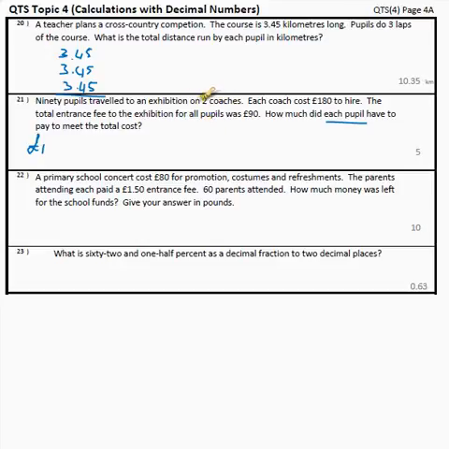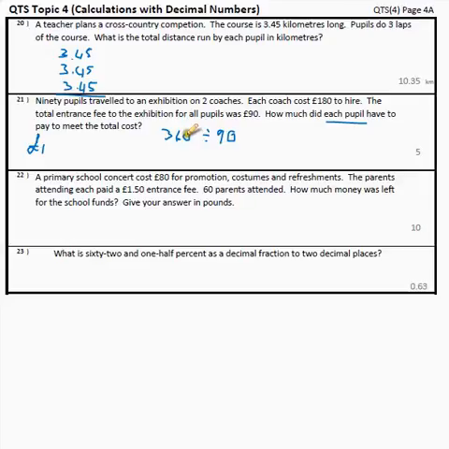And now they travel in 2 coaches. Each coach cost 180. 180 plus 180 is 360, isn't it? So the 90 pupils paid 360. So you can say 360 divided by 90. What's an easy way to do this? We learned before that if you times both these numbers by the same number, it cancels out.